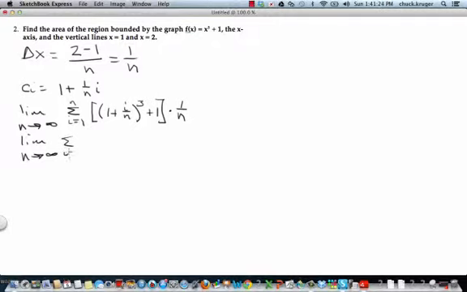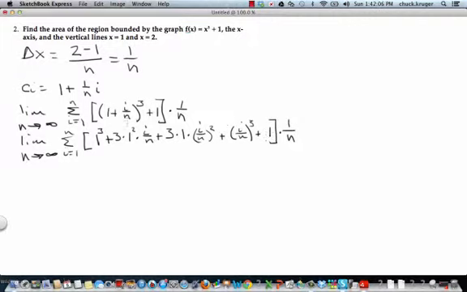The summation of i equals 1 to n. Okay, I'm going to use binomial expansion here. So I'm going to get 1 cubed plus 3 times 1 squared times i over n plus 3 times 1 times (i over n) squared plus (i over n) cubed, plus 1, times 1 over n.